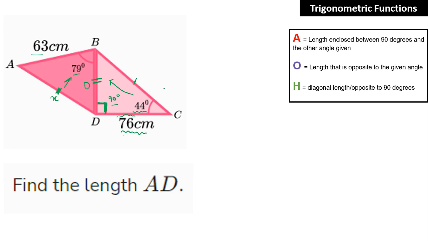Just to remind you what the trigonometric functions are: sine theta equals opposite over hypotenuse, cos theta equals adjacent over hypotenuse, and tan theta equals opposite over adjacent.